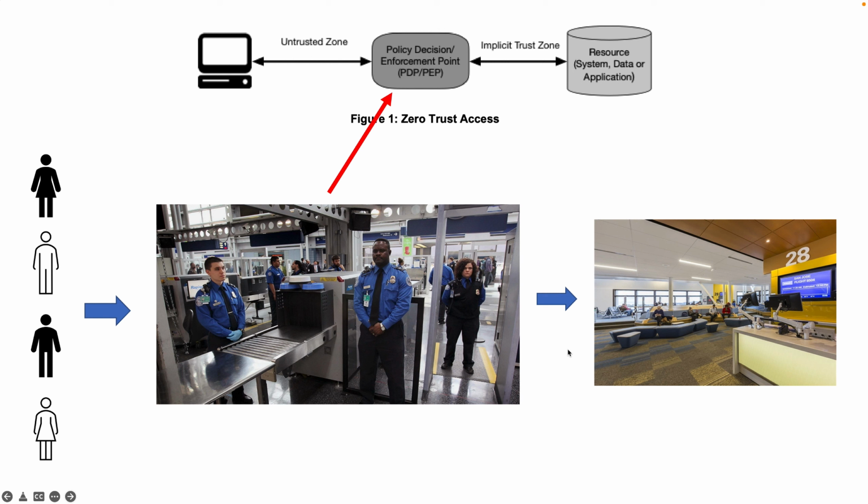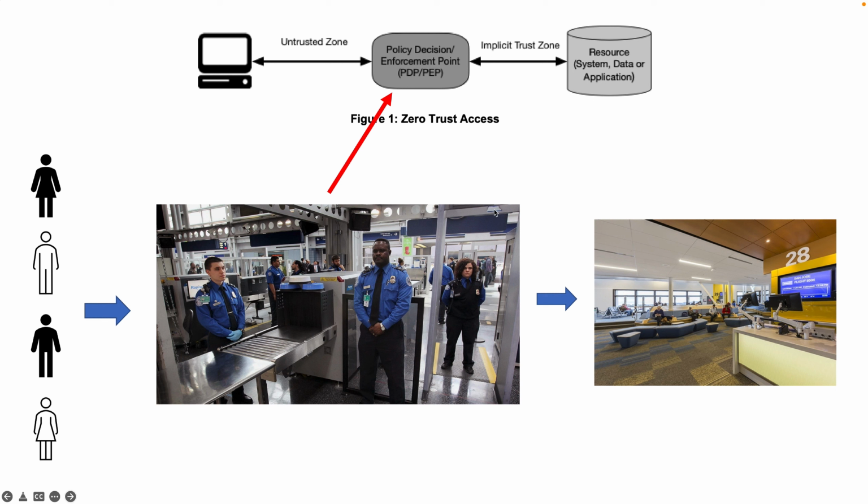Consider the passenger screening model in an airport. All passengers pass through the airport security checkpoint to access the boarding gate, the boarding area. The airport security checkpoint is a policy decision point and the policy enforcement point in this example. The implicit trust zone represents an area where all the entities are trusted to at least the level of the last PDP or PEP.